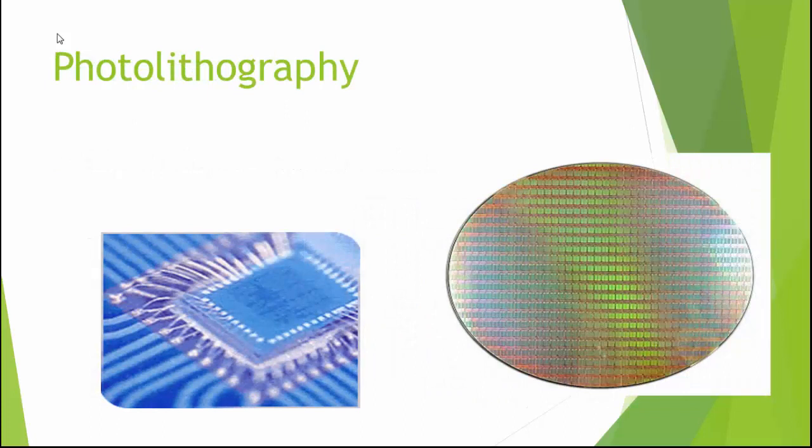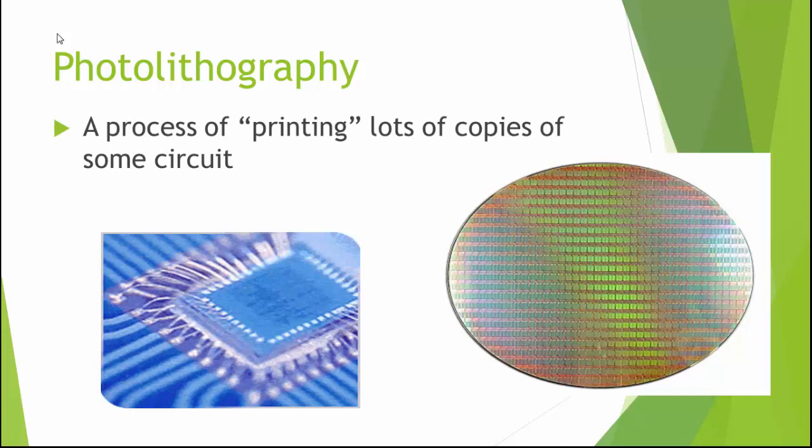And once we've done that, on that substrate, on that material, we can transfer across a large amount of very small transistors. This process, called photolithography, puts lots of transistors into a very small space, and this can be done reproducibly, mass-produced.